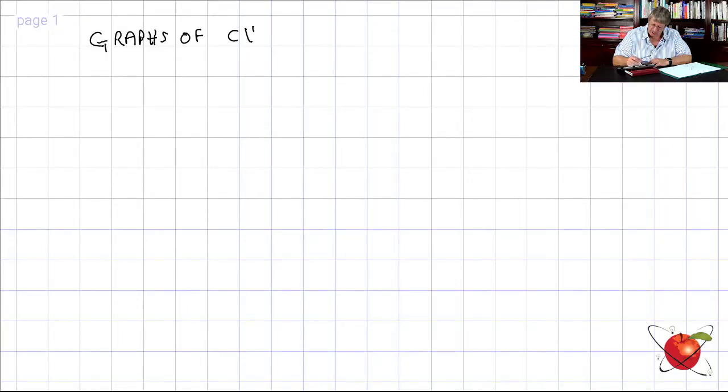Graphs, I want to get my title right. Graphs of changes to equilibrium conditions. Okay? Now, what do I mean by that?